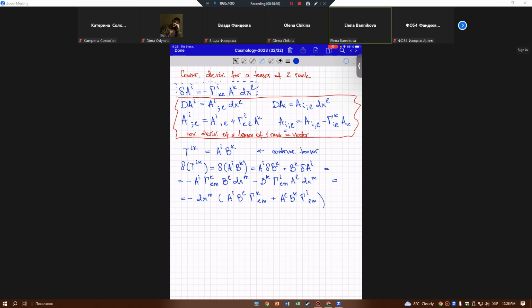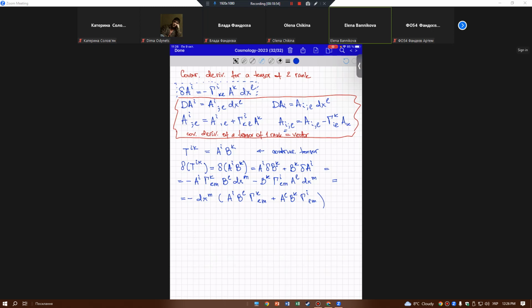If we now come back to our definition of multiplication of A and B as a new tensor T, it will be convenient, though not important, to change indexes.